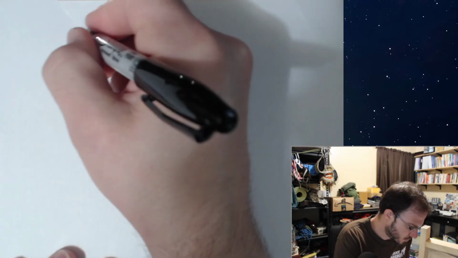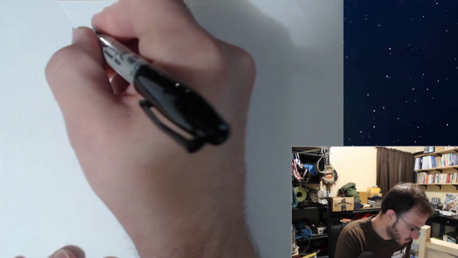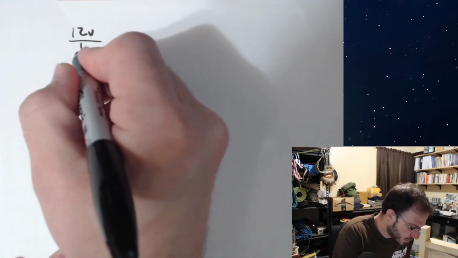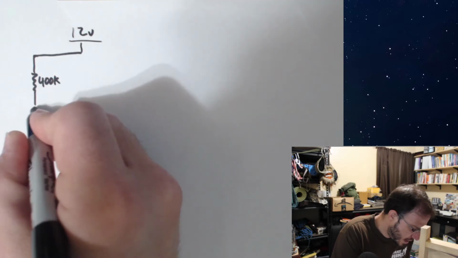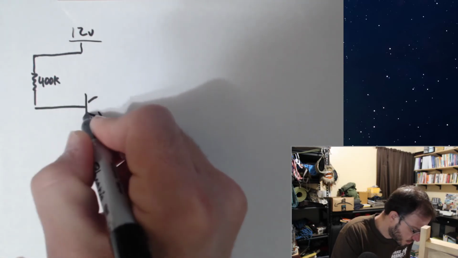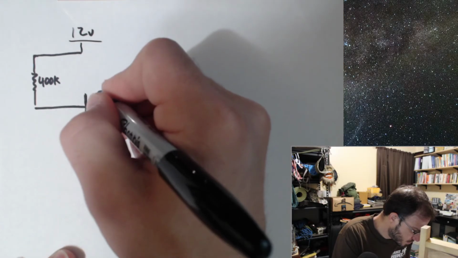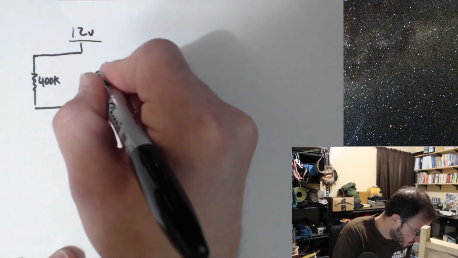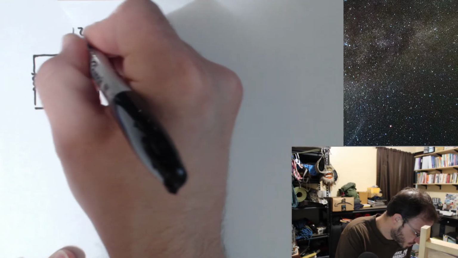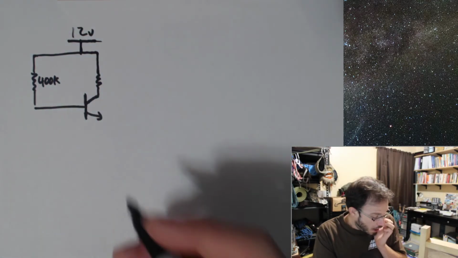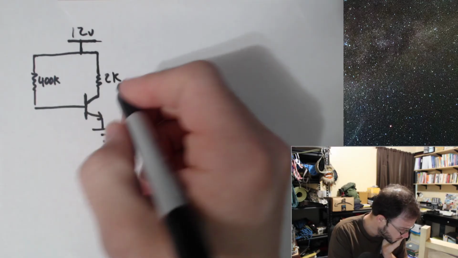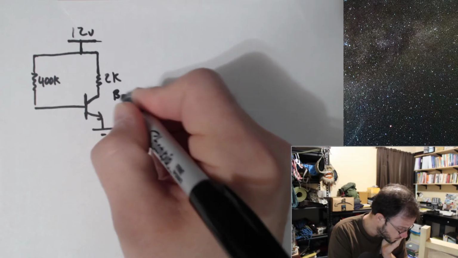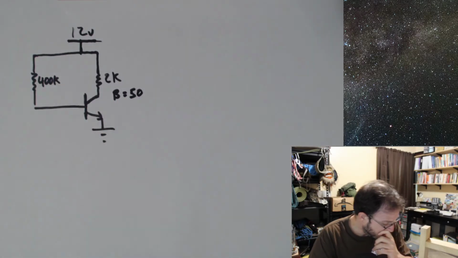Okay, we're going to take 12 volts, 400K, 2K, and say beta is equal to 50.